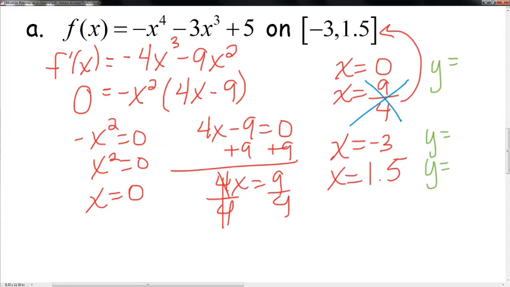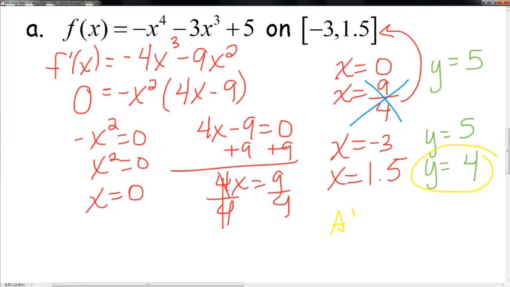Alright, when x is equal to 0, y is equal to 5. When I plug in -3, I'm going to get -81 plus -3 times 27, which is positive 81, so this is going to give me 5 as well. When I plug in 1.5, I'm going to get 4. So when I look at these, my absolute minimum occurs here.